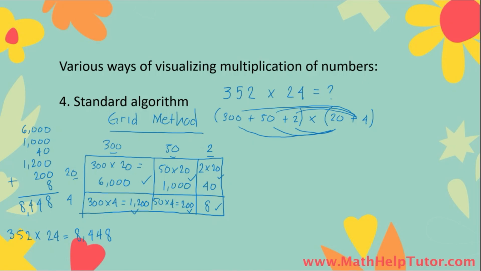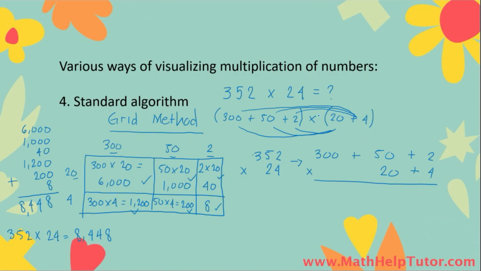We can also see this much better if we write the two numbers in a column with the ones place of both numbers aligned, we can perform multiplication by each place. So if we write 352 times 24 and we convert these numbers into their expanded form, so we can have 300 plus 50 plus 2 multiplied by 20 plus 4, and then we'll put a line here.